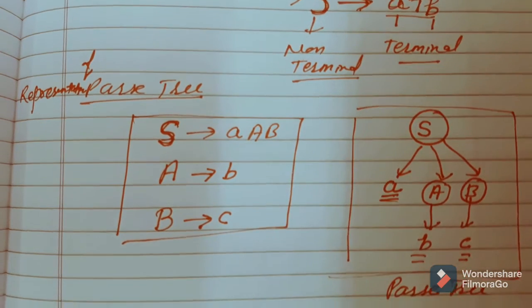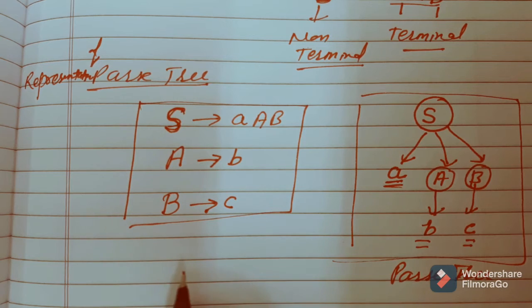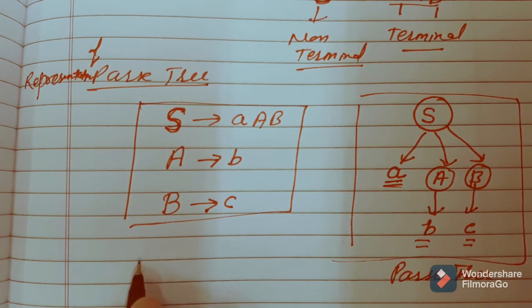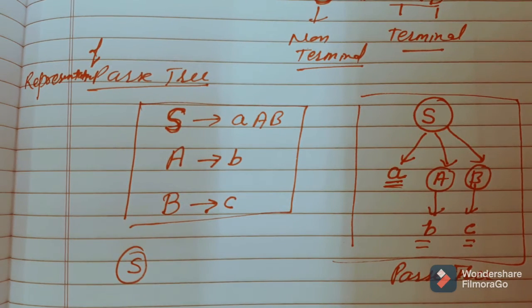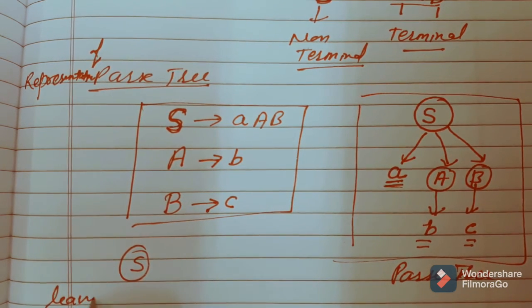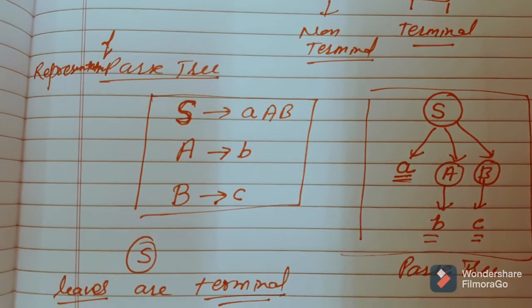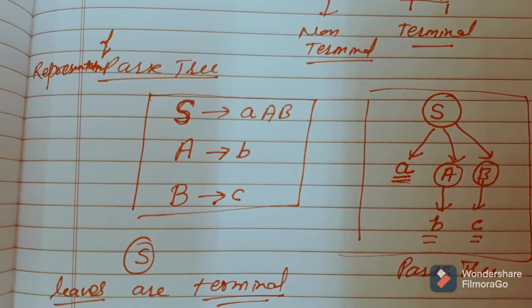Look at this parse tree. Here I use the starting symbol, or the root, which is capital S. Then I use some terminal and non-terminal symbols. Look at the leaves. All leaves are terminal symbols.